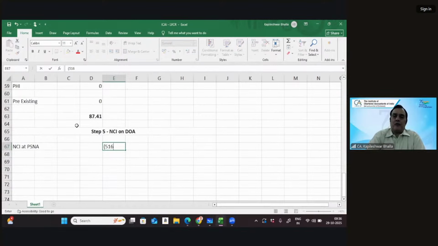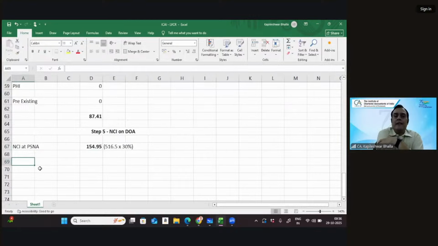So we can take 516.5 into 30%, because 70% of this is acquired by the parent company. So 30% becomes the NCI, 516.5 into 30%, that works out at 154.95. Great. So even the NCI is done, and now we go on to the next one.